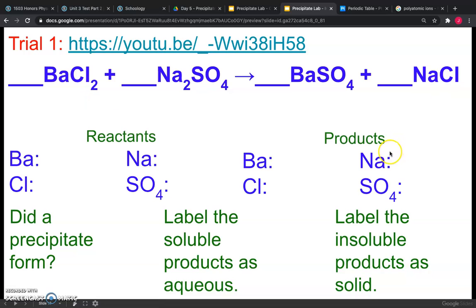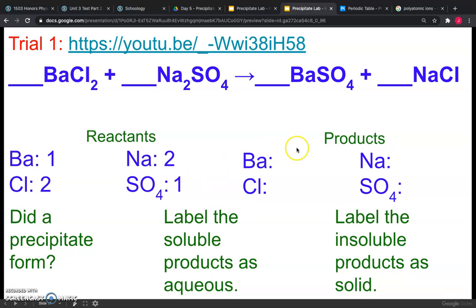Okay, so then all we have to do is balance the number of atoms using the coefficients. Right now on the left side, I count 1 barium, 2 chlorine, 2 sodium, and 1 sulfate.